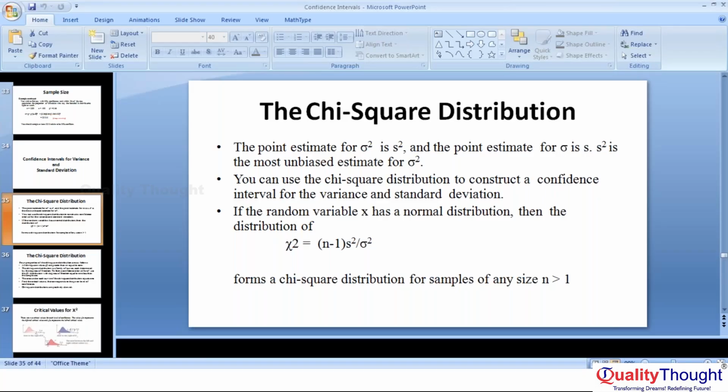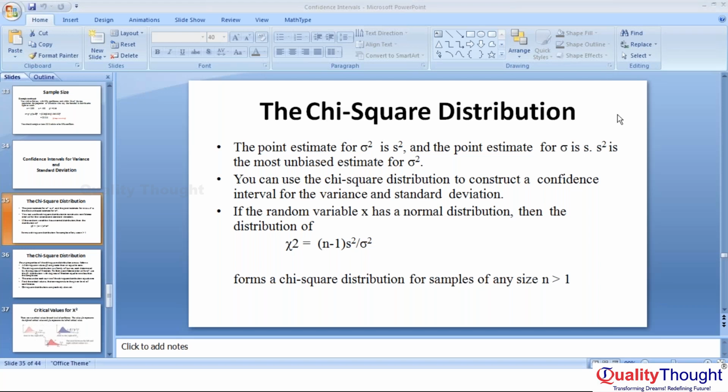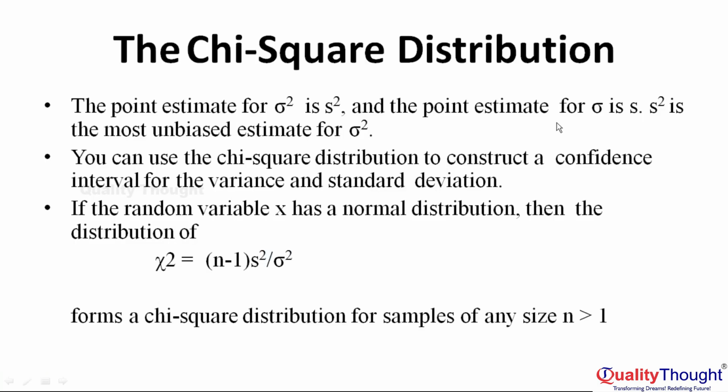Guys, here we have to clearly understand one thing. Till now, so far, the population parameter that we have concentrated on is the mean. Now this chi-square distribution will be used to concentrate on sigma square and sigma.